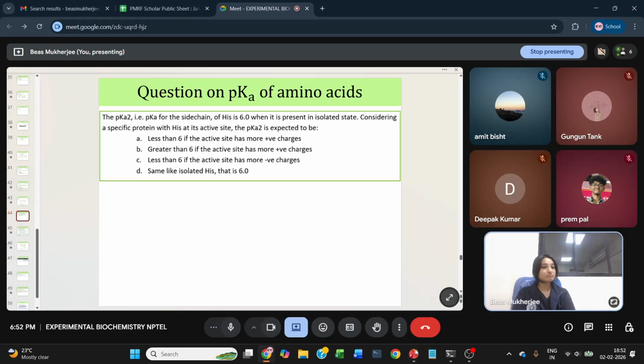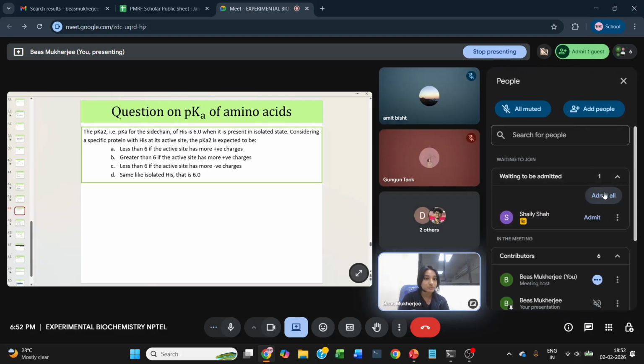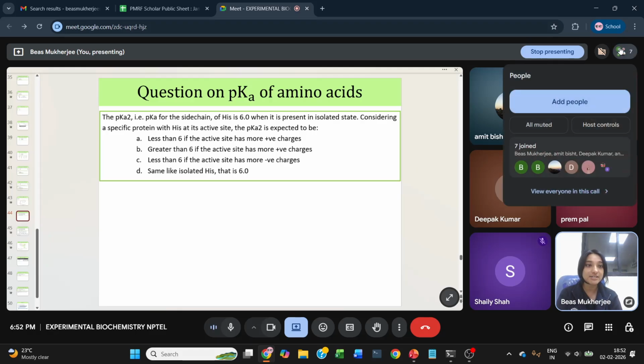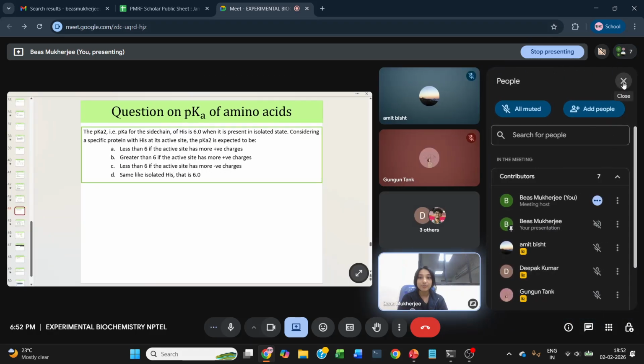Now, the next question is the pK2, that is the pKa for the side chain. The pK2 or pKa of the side chain of histidine is 6. That we know. That is why histidine is so important in biological processes.